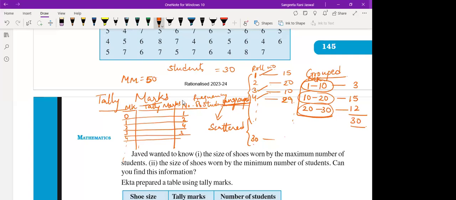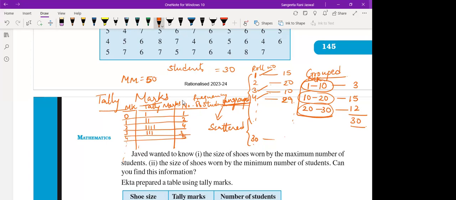So now how do you write tally marks? For 1 you will write one vertical stick. For 2 you will write 2 sticks. For 3 you will write 1, 2, 3. Now suppose 4 marks is obtained by 5 children.